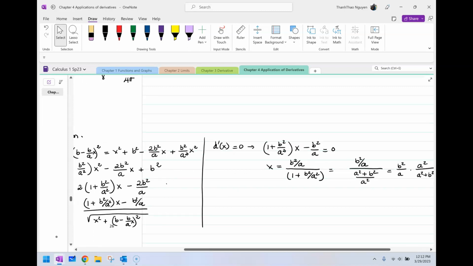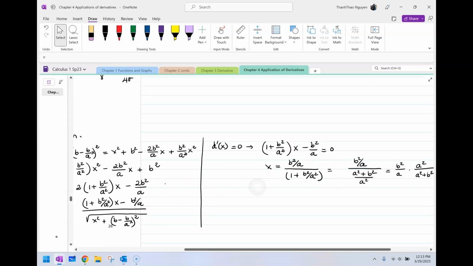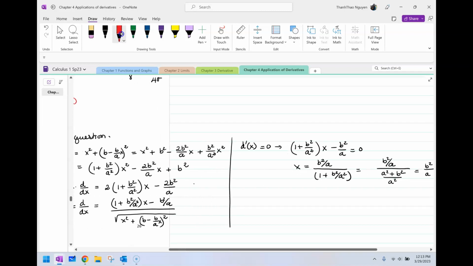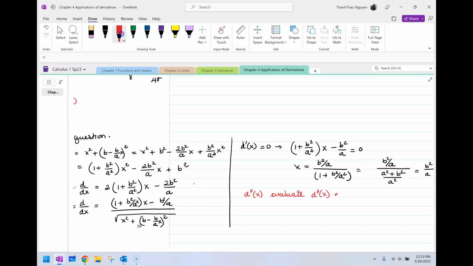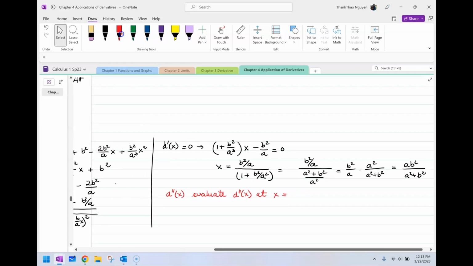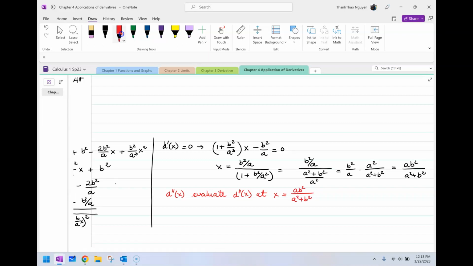Now we want to take a look at the intervals of increasing and decreasing, but what we need to do next is find the second derivative, and then evaluate d double prime of x at x equal to a b squared divided by (a squared plus b squared).